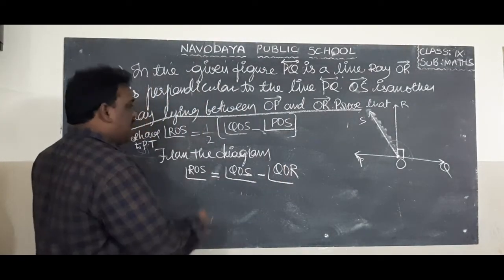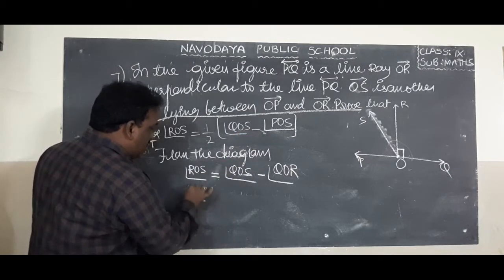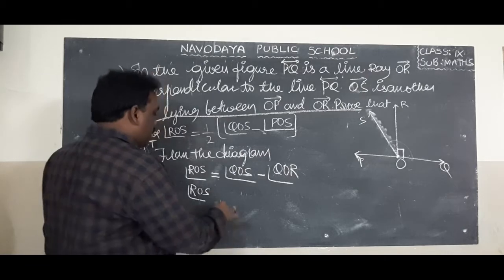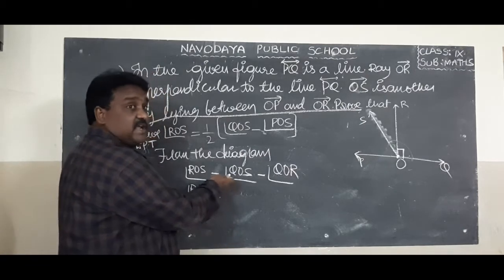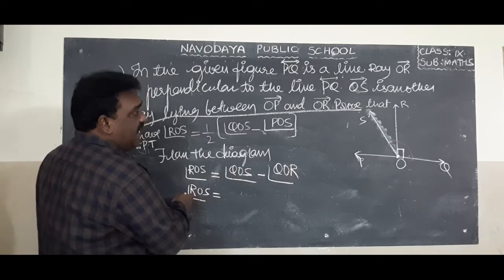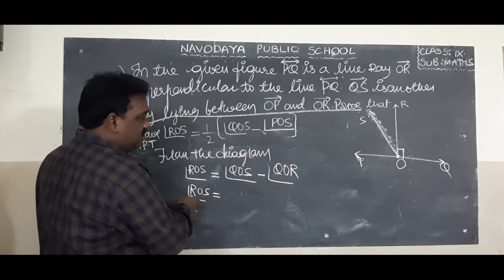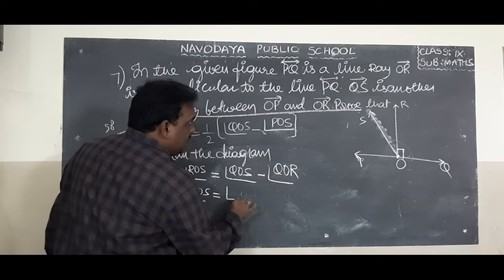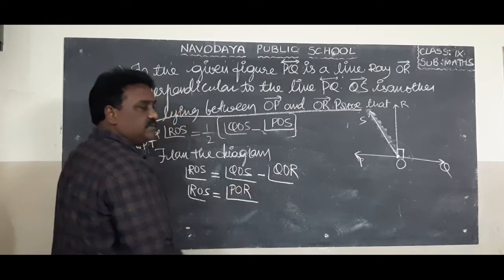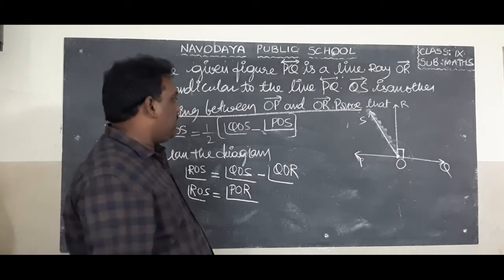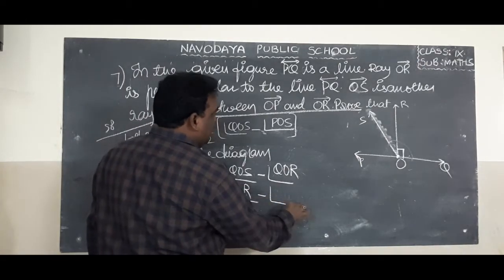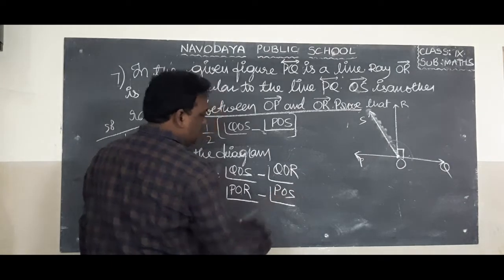Next, again angle ROS. Again from the diagram, one more step. Angle ROS, this is the right part of the diagram. Let us see the left part of the diagram. Again, angle ROS equals angle POR minus angle POS.